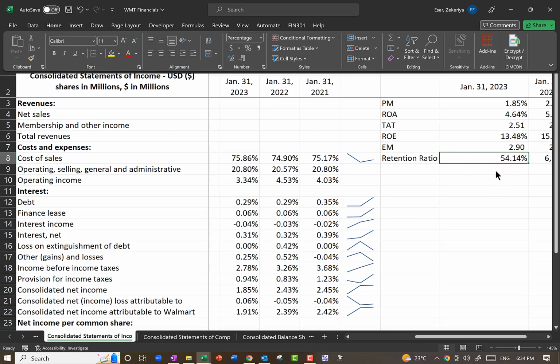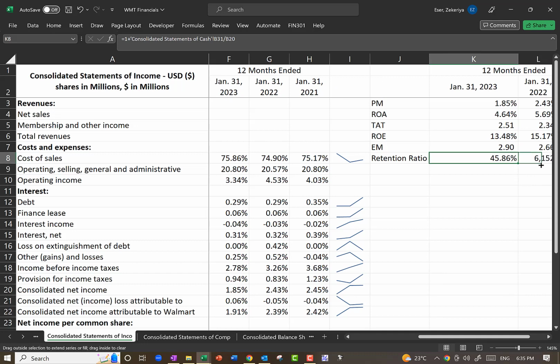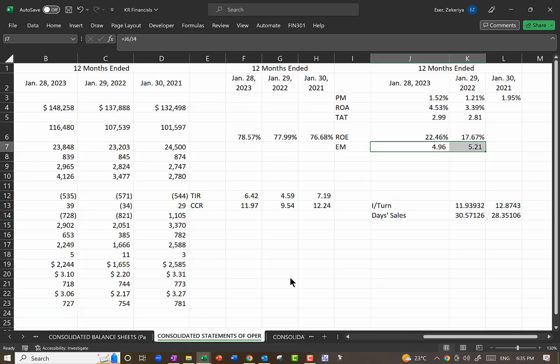I calculated the payout ratio now, but if I do 1, of course this is going to be plus, because 1 minus minus is going to be plus. So on average, Walmart pretty much pays half of what they make as dividends, at least these 2 years. Let's calculate the same amount for Kroger.